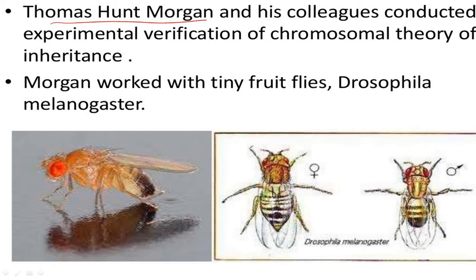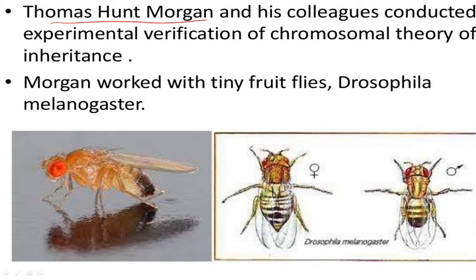It led to discovering the basis for the variations that are produced during sexual reproduction. Morgan carried out various dihybrid crosses in Drosophila with genes that were sex-linked, that is, genes present on the X chromosome.